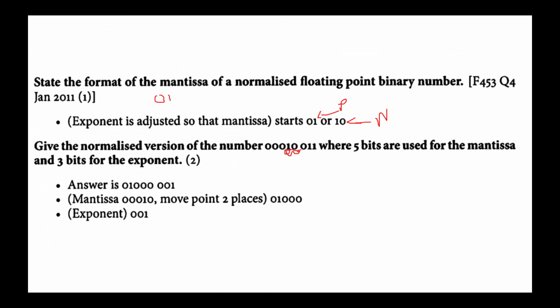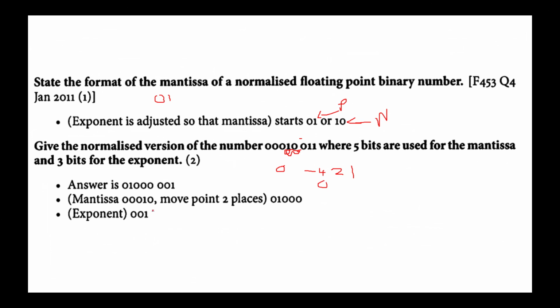So 2 places, and then it becomes 0.1000. Then you just got to do the exponent. So my exponent would be -4, then 2, then 1. And since it moved 2 places, it would just be.